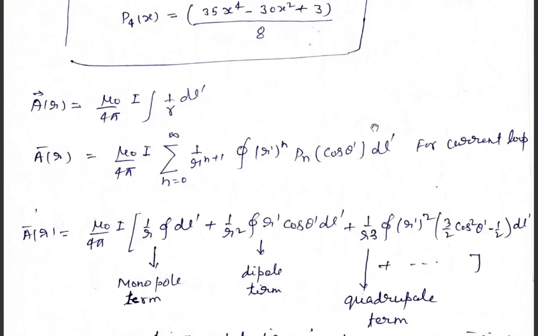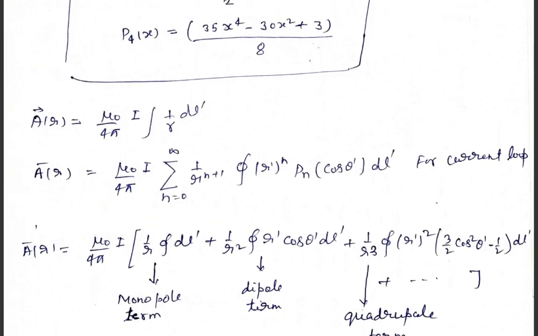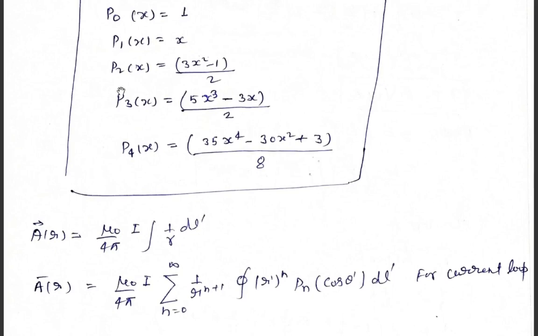Similarly, if n equals 2, that is 2 plus 1, that is 3, so we get 1 upon r cube, and here r prime square, so 1 upon r cube integral r prime square P2 cos θ prime, which we have written already. If you just substitute the value of x as cos θ, P2 cos θ prime gives 3 cos square θ prime minus 1 upon 2.